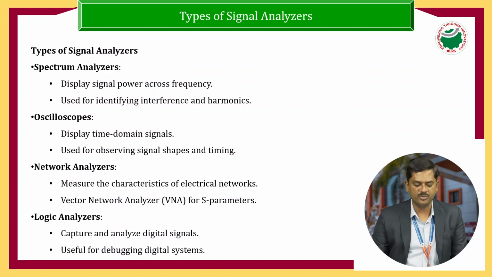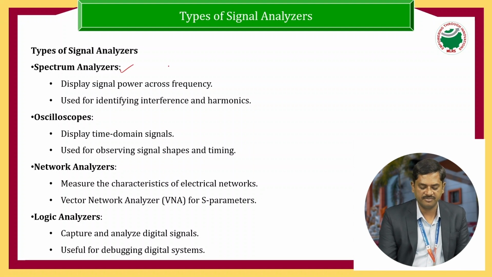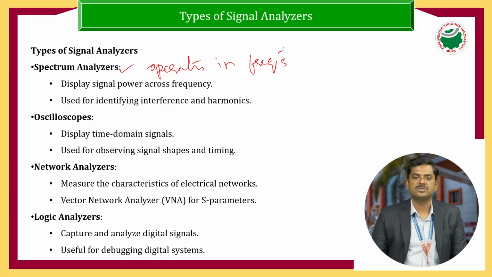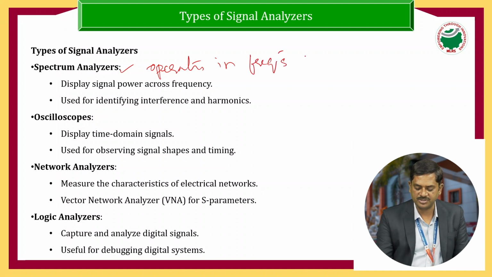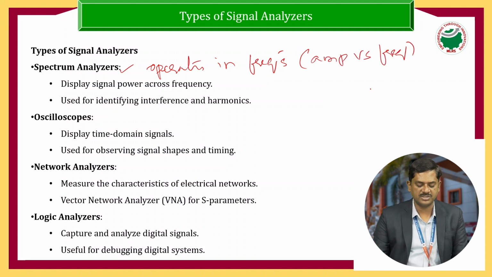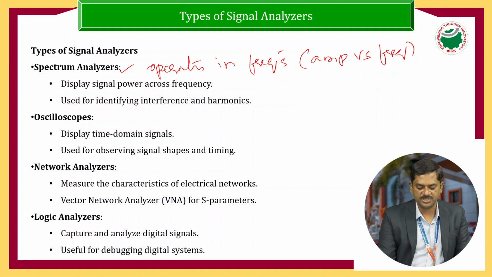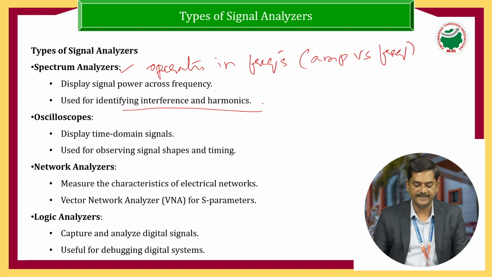Apart from the frequency ranges, we also have the spectrum analyzer, which is amplitude versus frequency. We try to find the measurement with respect to amplitude versus frequency. It displays the power across the frequencies, and is especially used for identifying interference and harmonics. We also have network analyzers, logic analyzers, and power analyzers. These are a few examples which come under signal analyzers.